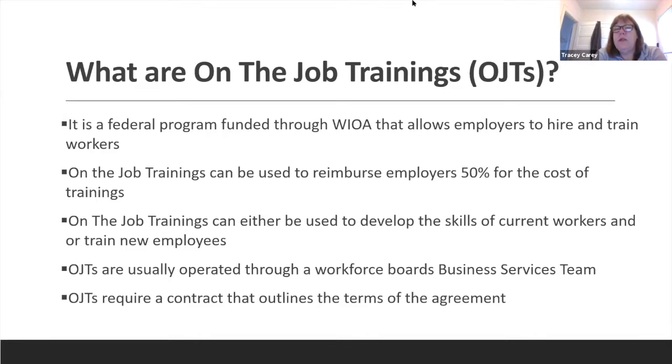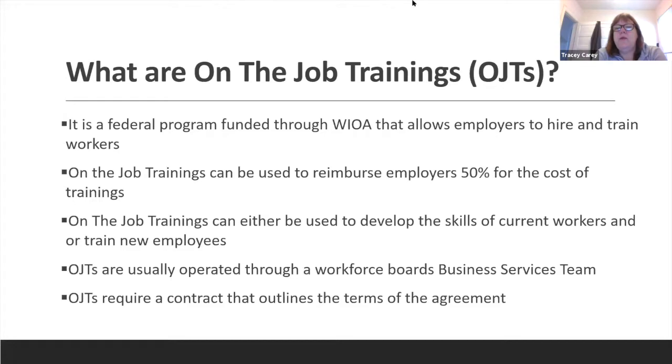In the registered apprenticeship world, on-the-job training is known as on-the-job learning. So they share characteristics. And the goal of this is to help to onboard and prepare entry-level workers into new occupations that helps them get the skills that they need.